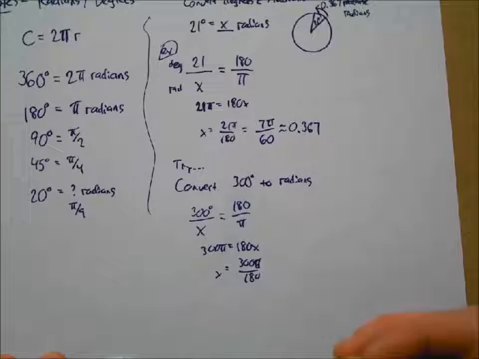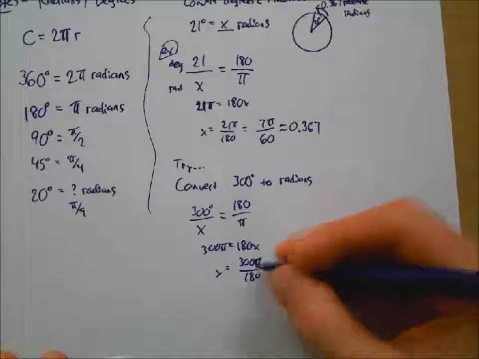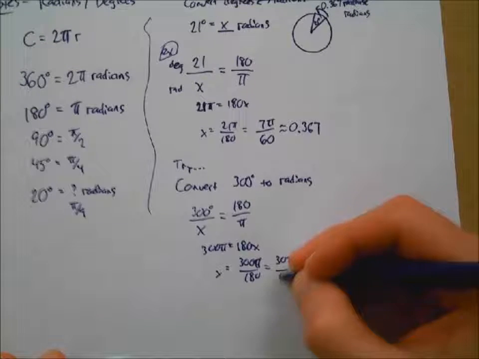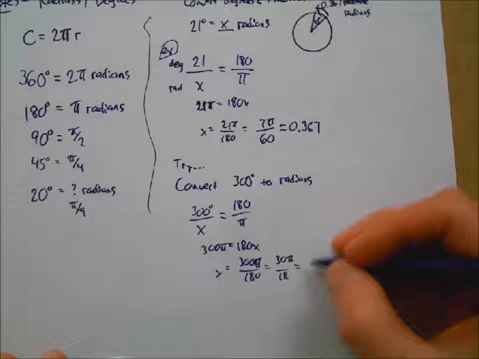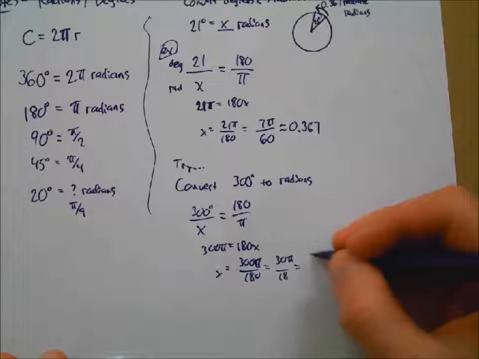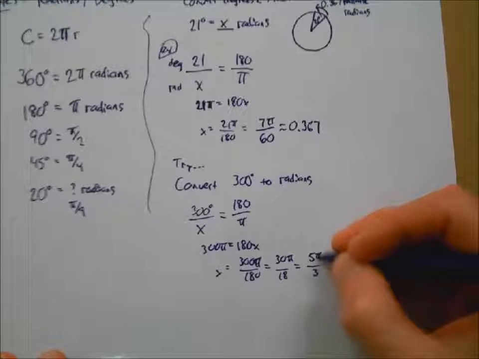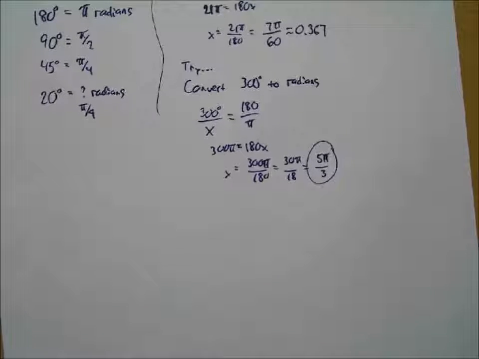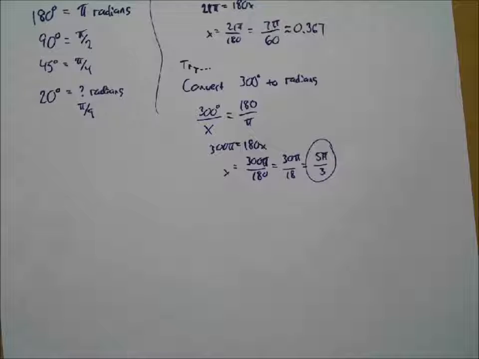The 300 and the 180 simplify. They both can divide by 10, so we get 30 pi over 18. And they also both divide by 6, and so then we get 5 pi over 3. Okay? And so there it is in simplest terms with pi in there, in terms of pi. Questions on any of that so far?